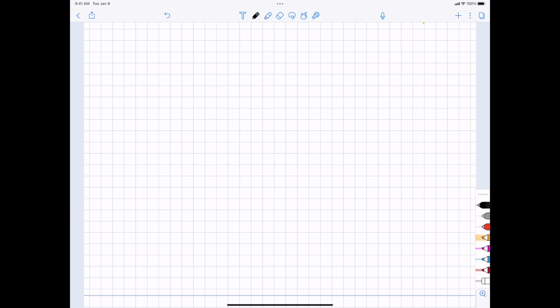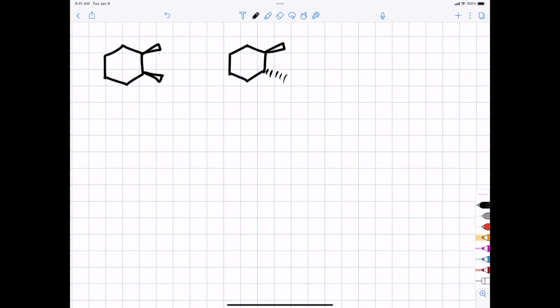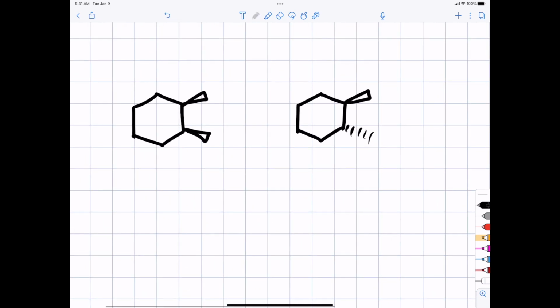Right, so now let's deal with the situation that was alluded to above. What if we take the dimethyl cyclohexane, but now let's change one and only one of the stereocenters. We can assign stereochemical configuration here if we want to. Let's see.